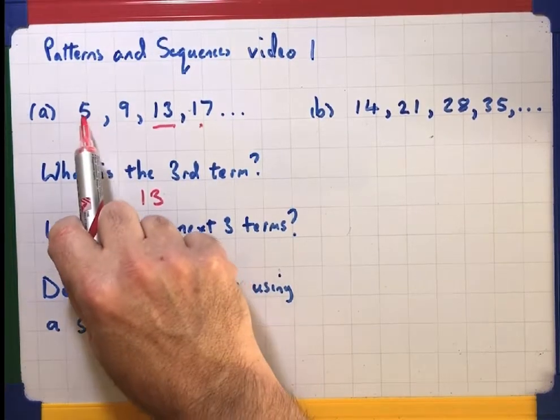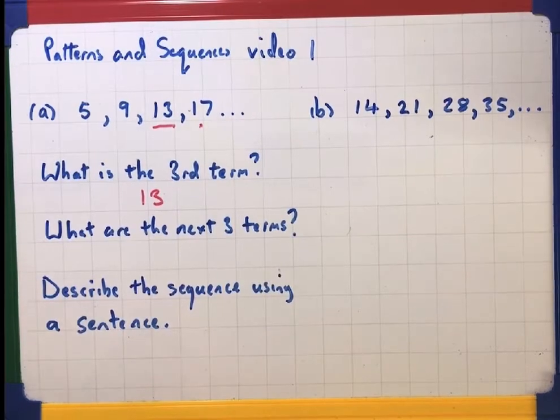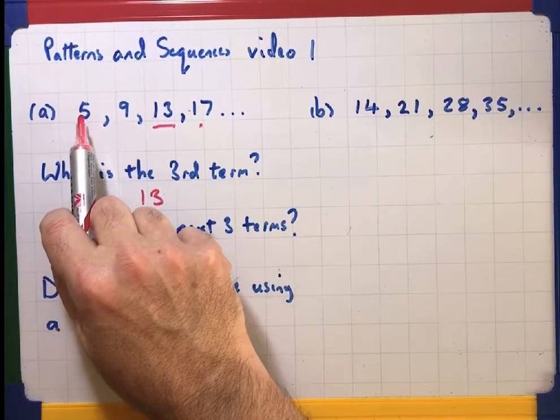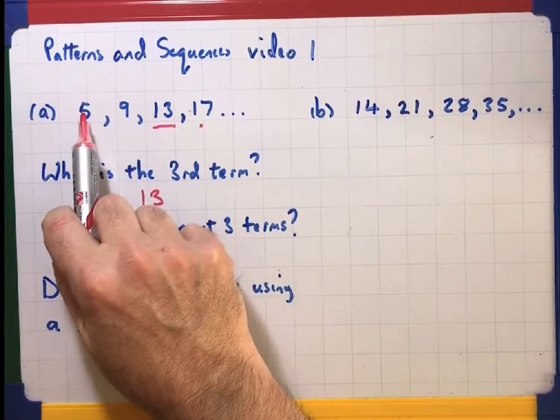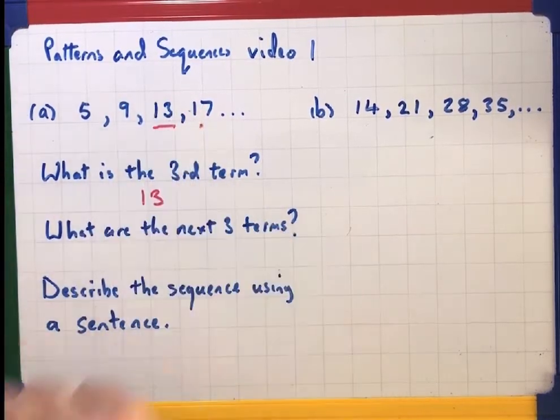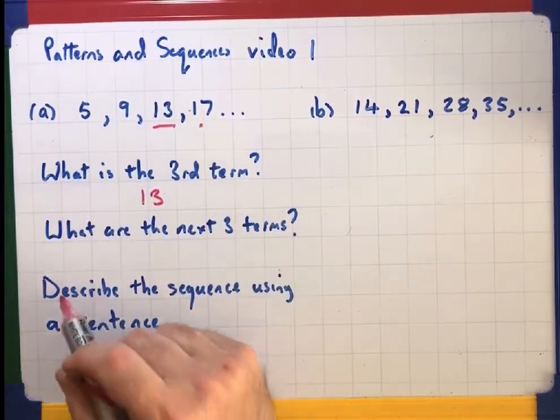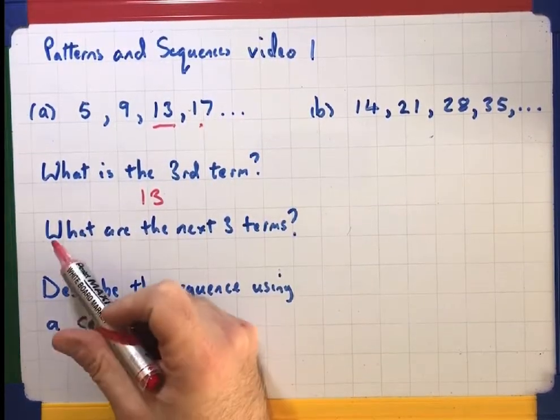Well, let's have a look. What are we doing to get the next number along? You see 9 is 4 more than 5, and 13 is 4 more than 9, 17 is 4 more than 13. So what we're doing is we're adding 4 each time, aren't we?